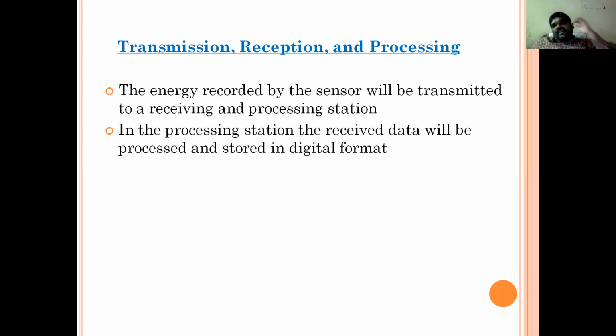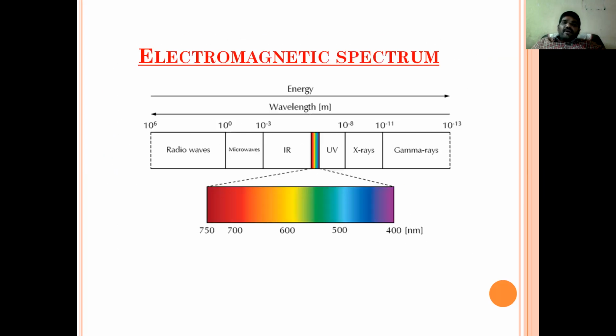To conclude today's session with one particular point: all these are the different bands of the electromagnetic spectrum. This is the radio wave band, the microwave band, and the infrared band.